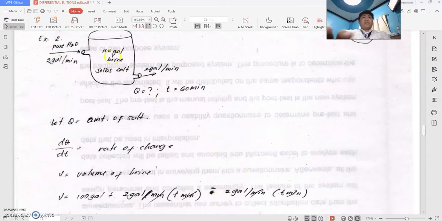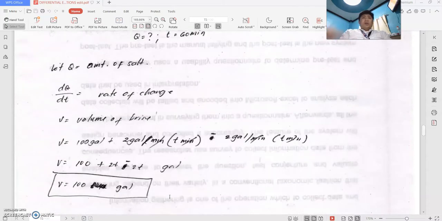So, since they have the same rate that enters and that flows out, it is always enters minus that flows out, diba? So what we have here is 2 times t minutes, so makancel lang minute, you have 2t gallons, 2t minus 2t, that is 0.